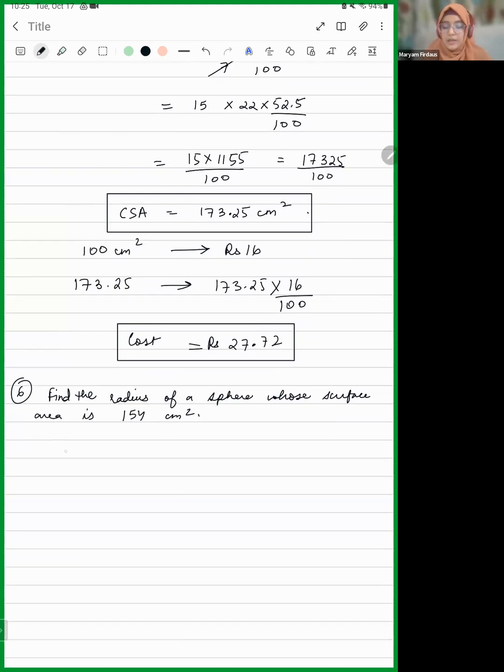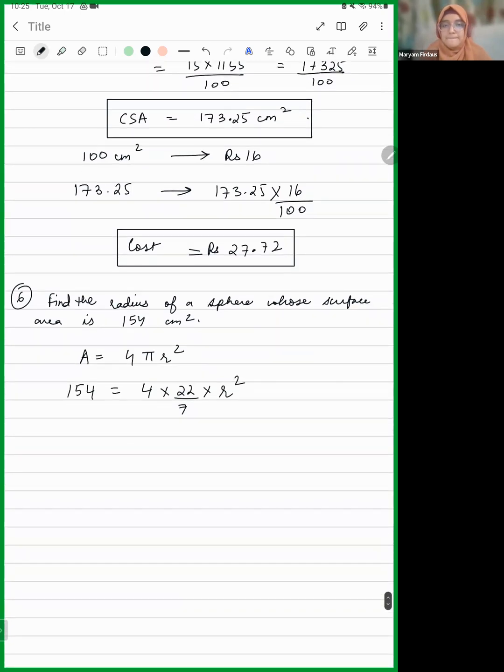So we know that the surface area of a sphere is equal to 4 pi r square. Put in the value of area, which is 154, is equal to 4 into pi, which is 22 by 7, into radius, which we don't know, radius square, right?